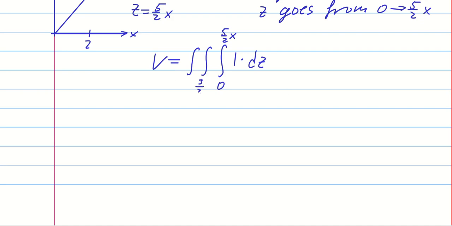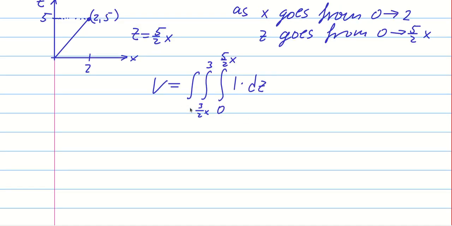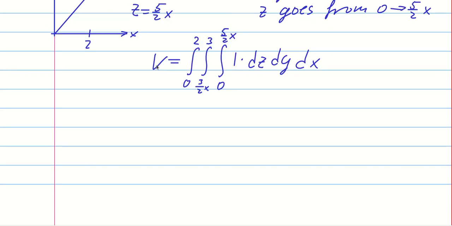The last one is for x, and x changes from 0 to 2. So this is dz dy dx. All right. Then we just integrate, but that's a straightforward procedure.